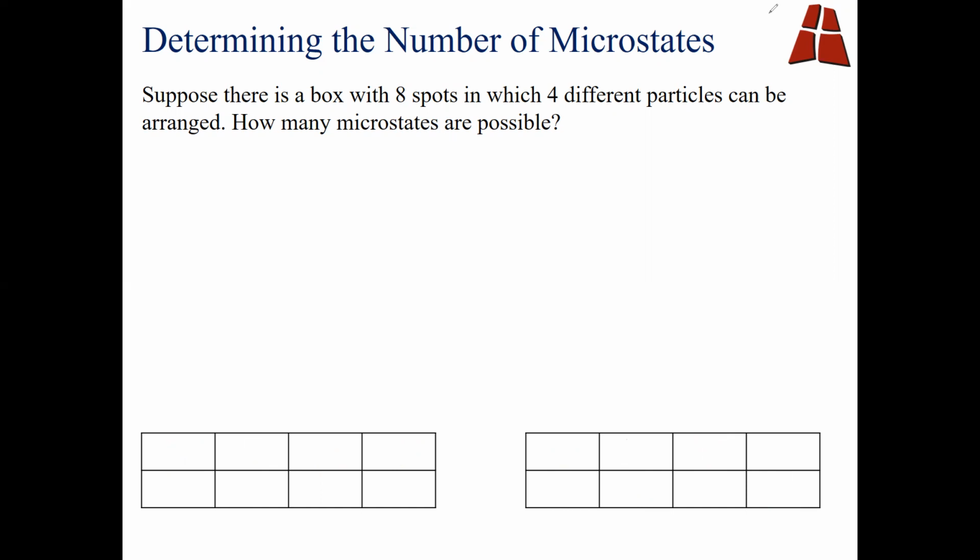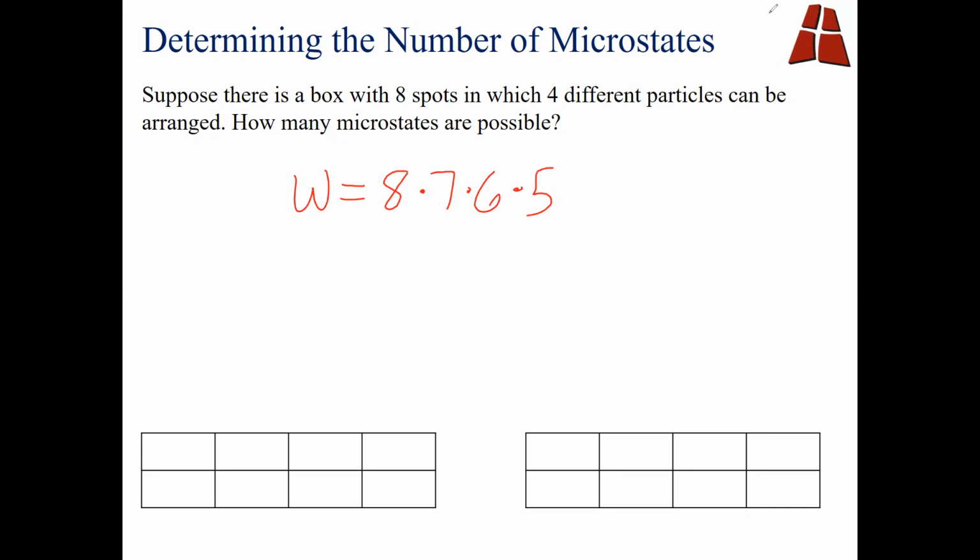And so how do we actually calculate that number? We do it probabilistically. And so W, if all of our particles are going to be different, which in this case our question would tell us that there are 4 different particles, so these are not the same, we would essentially say when we put our first particle in, we can put it in any of 8 spots. After that, one of those spots is taken, so we only have 7 spots to put it in, and 6, and then 5.